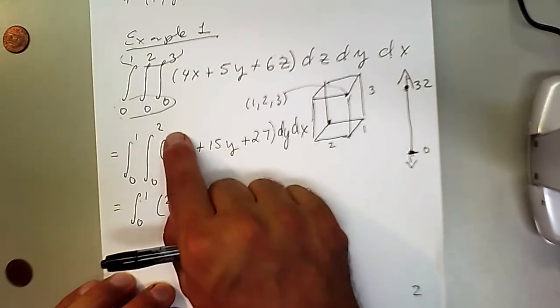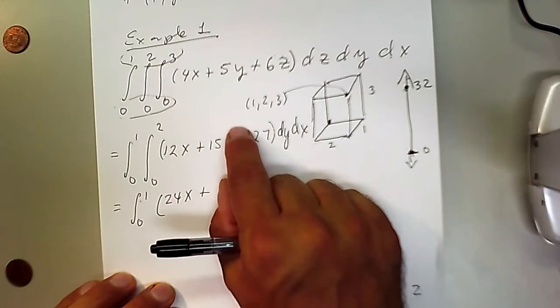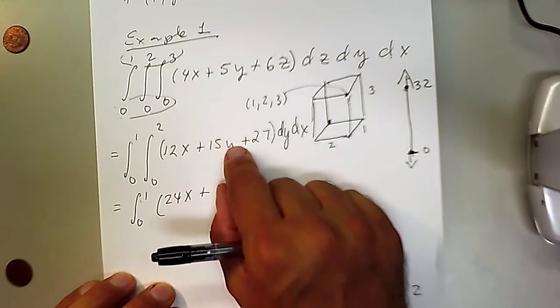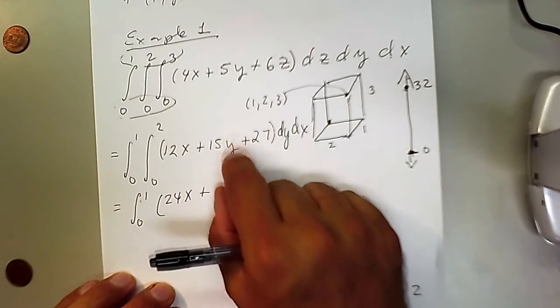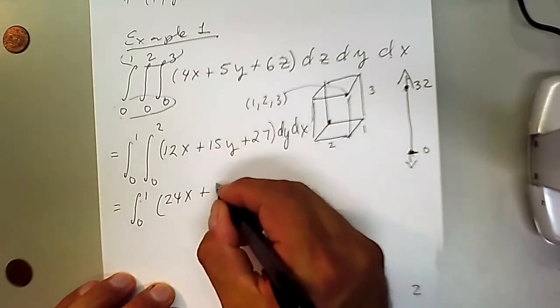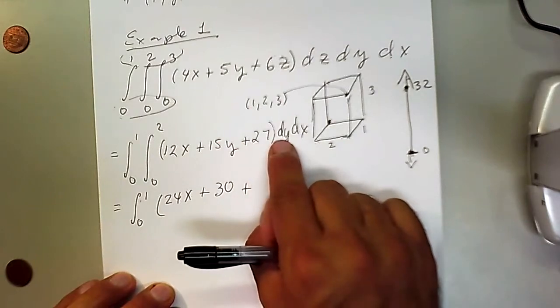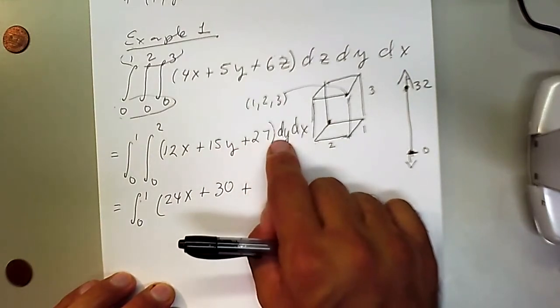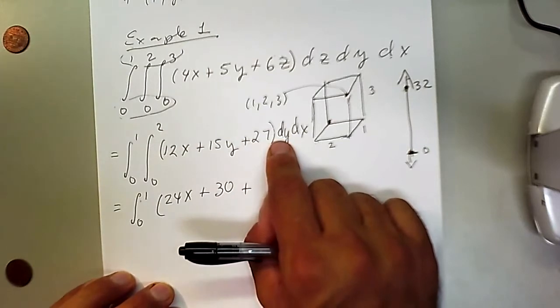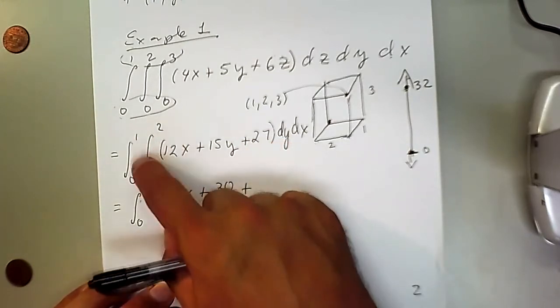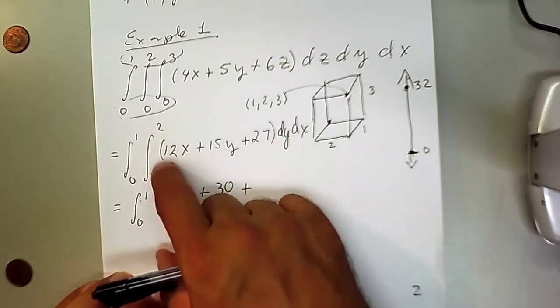We're going to end up with 4 on the numerator from the y squared over 2, but then 4 divided by 2 is 2, so we end up with 30. Plus 27y. 27 is a constant, so we attach y to it when we do the antiderivative, plug in 0, plug in 2, and subtract the one with the 2 minus the one with the 0.